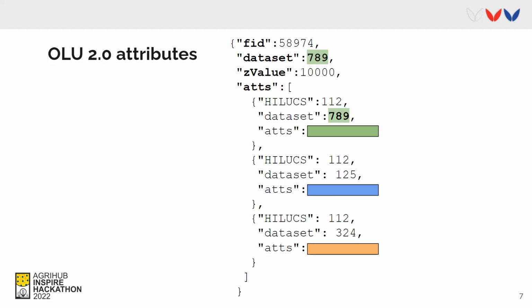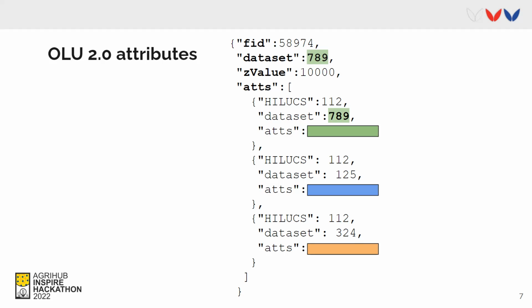I just highlighted this dataset ID with green. Dataset 789 means that this geometry originally has this set of attributes. So dataset 789 is the original feature with geometry and attributes.